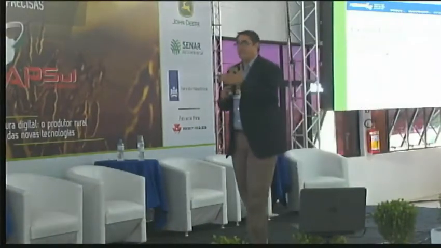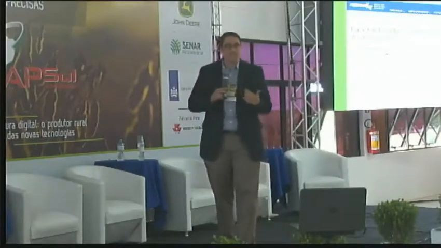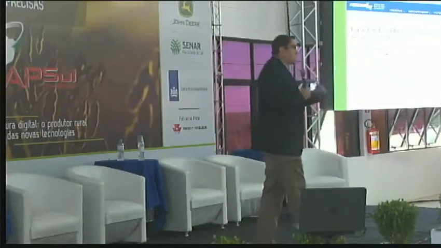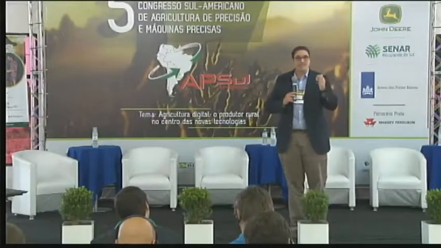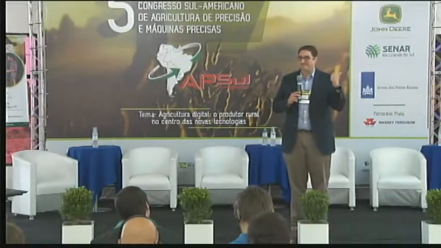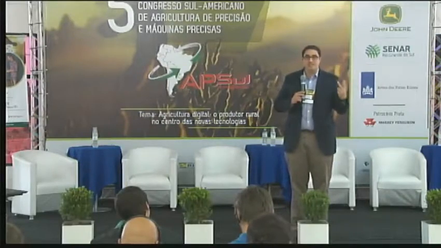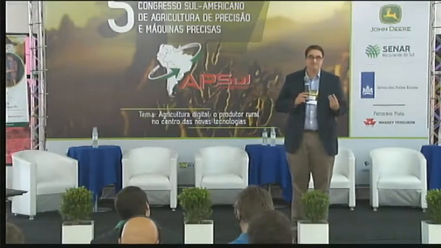So if you look at the last 3 years, today any farmer opens up the emails and you have a picture of your field. If you think about 2 or 3 years ago, that was impossible, okay?